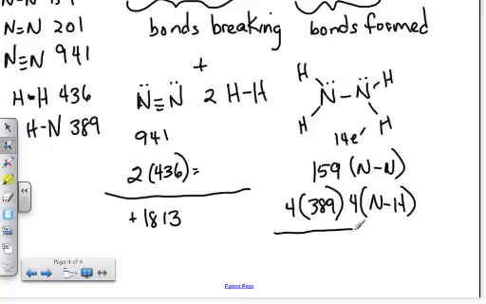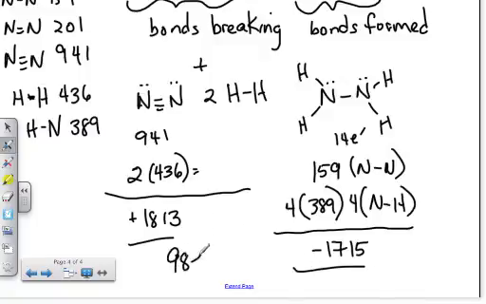Okay, add those up, and you end up with negative 1715. So again, the bonds that are forming are all negative. Bonds that are breaking are positive. Now, take these two values and add them together, and you end up with 98 kilojoules, which is choice C on that page, and that's the correct answer.